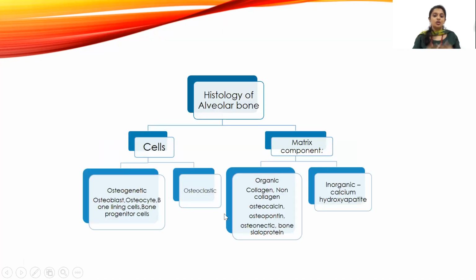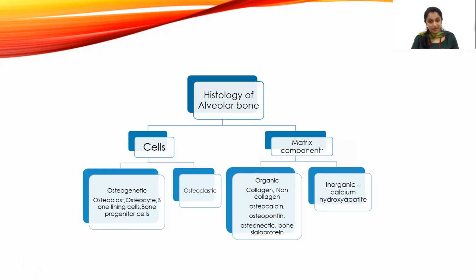Now coming to the histology of alveolar bone, as with any other bone, alveolar bone also has cells and matrix components. The cells are mainly the osteogenic cells, that is the osteoblast, osteocyte, bone lining cells and bone progenitor cells, and the osteoclastic cells. Whereas the matrix component consists of organic and inorganic parts.